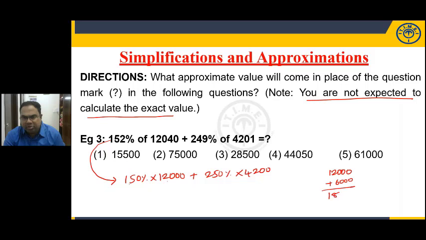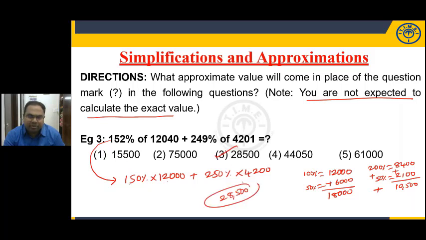So it is 18,000. 200% means double the number. 4,200 double is 8,400, plus 50%. 50% means half of 4,200, 2,100. How much? 10,500. So if I add these two, it has to be 28,500. 28,500. Good, ma.